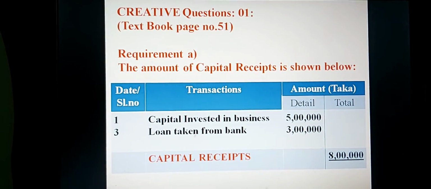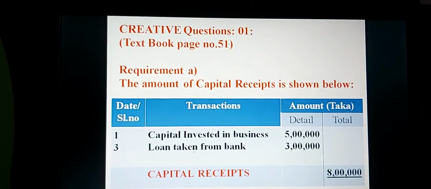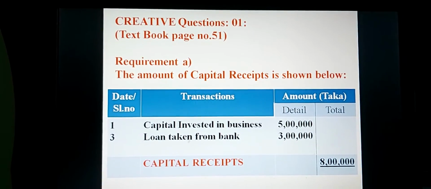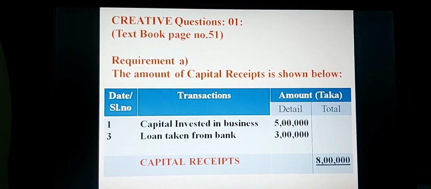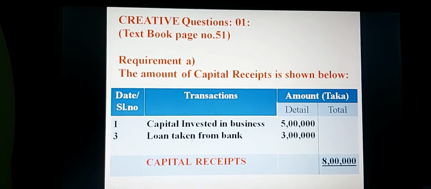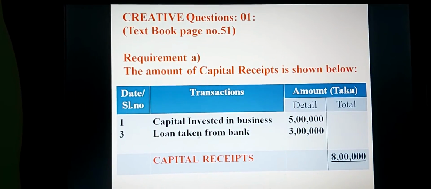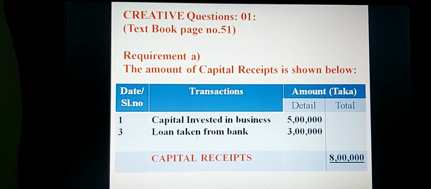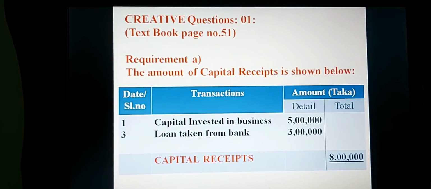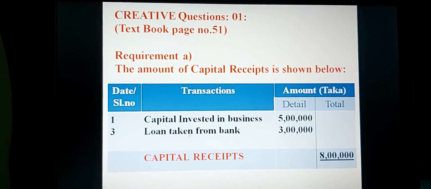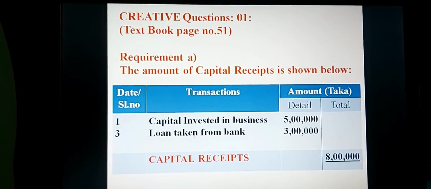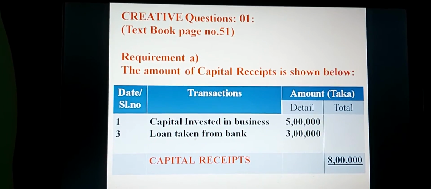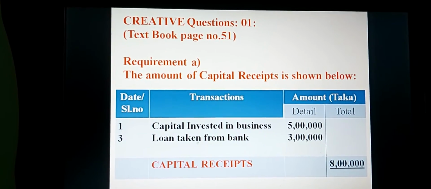What is the total amount of revenue income and revenue expenditure? In this requirement, two items are available. Number 1, revenue income. Another one, revenue expenditure. What is revenue income? Dear students, you know that revenue incomes are recurring items earned or acquired by the business regularly.